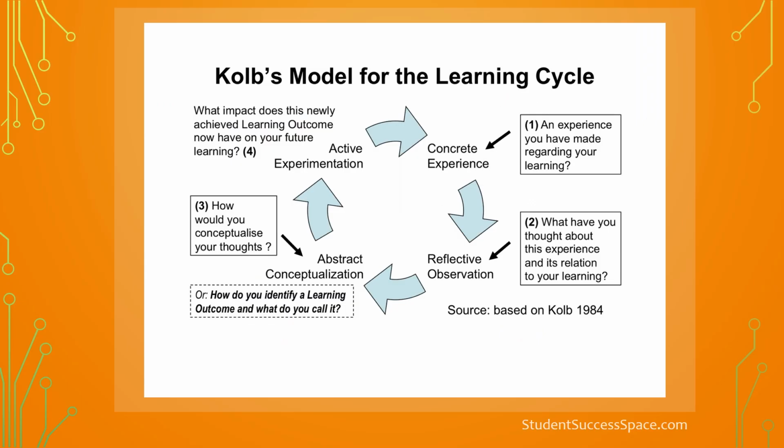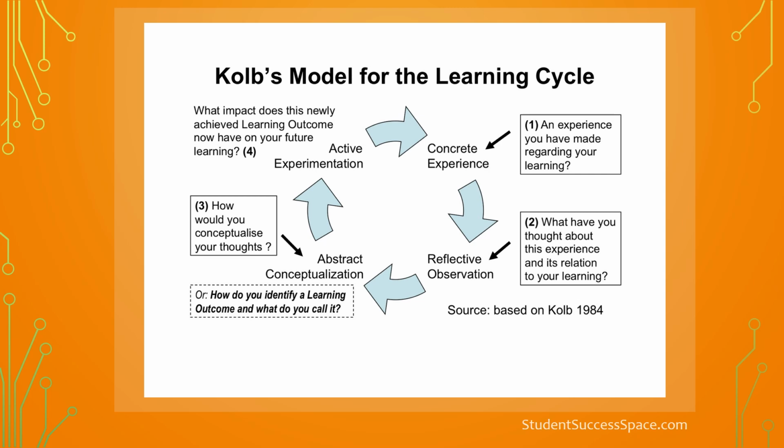So Kolb continued his research, and he learned that learning itself is on a cycle, and he proposed that learning occurs through experience. So within his theory, experiential learning possesses 6 attributes. The first one is that learning is a process. It's not an end result. Second, learning is a continual process.